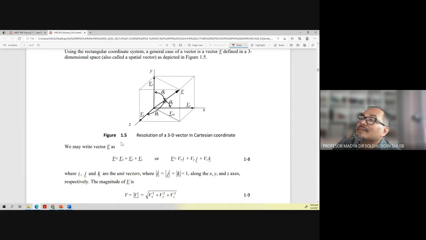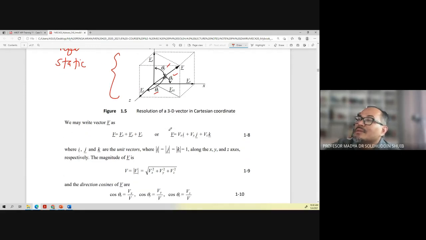So theta x, theta y, and theta z. All of these, that's why some students ask me where to get all of this. You have to refer to your fundamentals in statics. That's the prerequisite for this one, how to get this one.